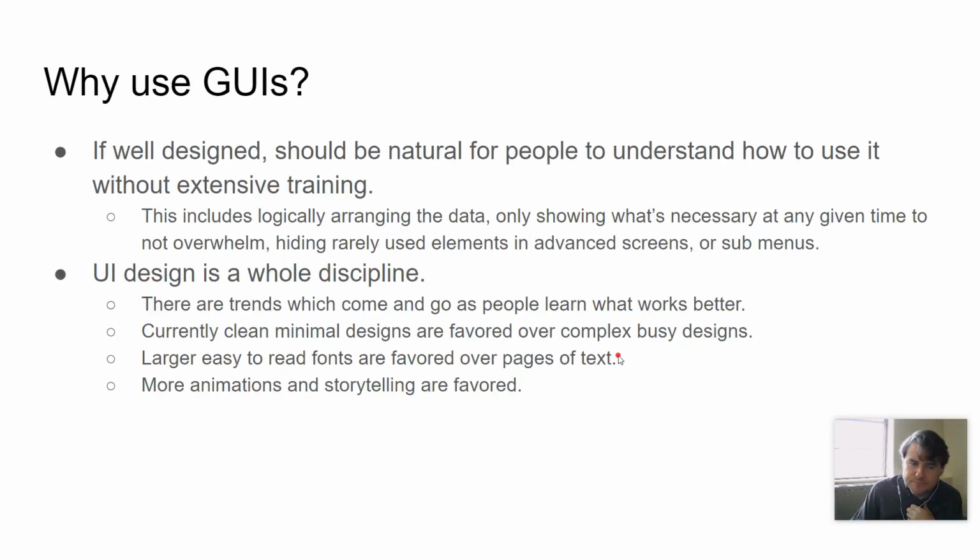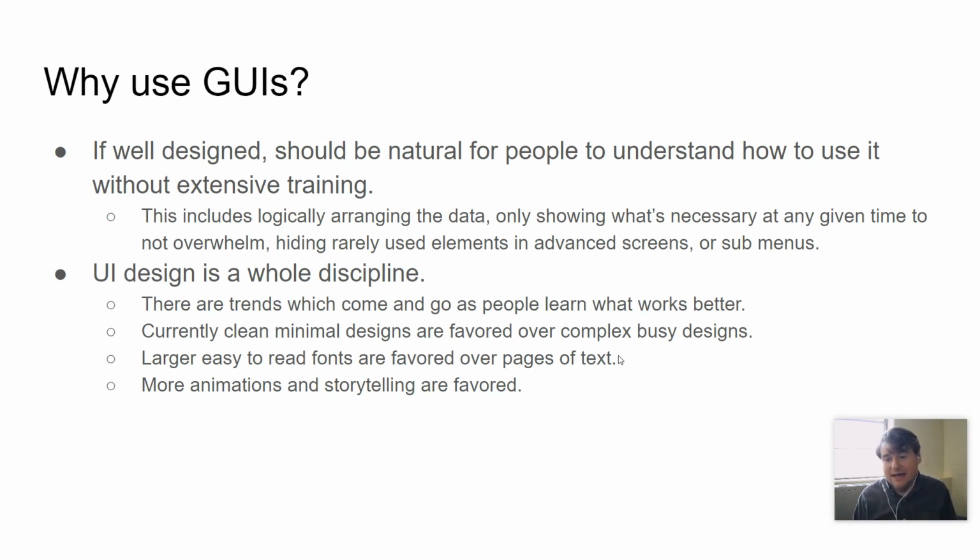All right. So why do we use GUIs? Well, the simple answer is it's just what people expect at this point. But the honest and bigger answer is because it allows us to organize the information in a much more useful way, such that people can see it and interact with it in a very natural way. Ideally, the discipline of user interface design, or human computer interaction, HCI, is an entire discipline of computer science.